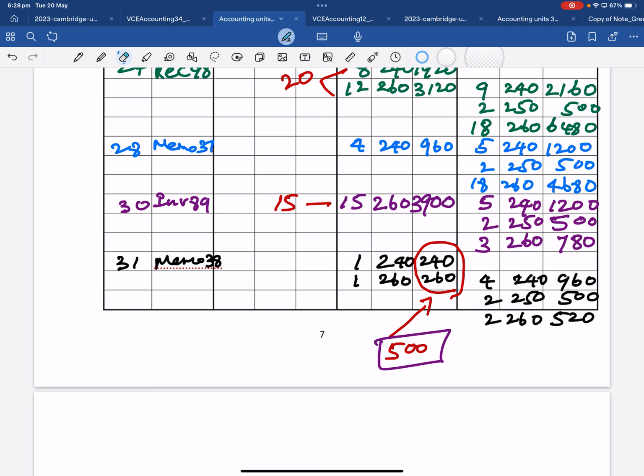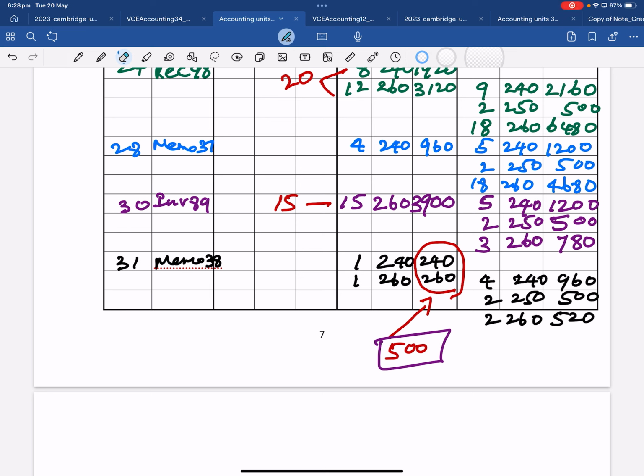Tell me. Inventory would be overstated. Everybody agrees? Overstated or understated? Overstated. Why? Because if we didn't record this, we would have recorded it as 2,480, which is greater than the actual, the real amount.